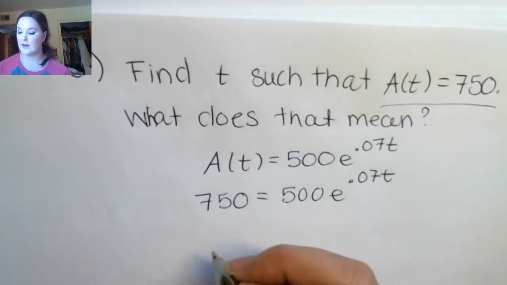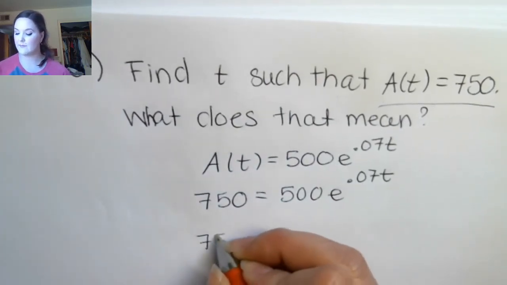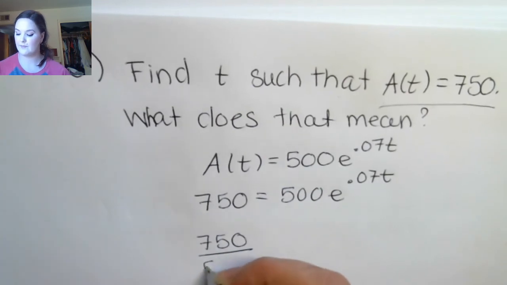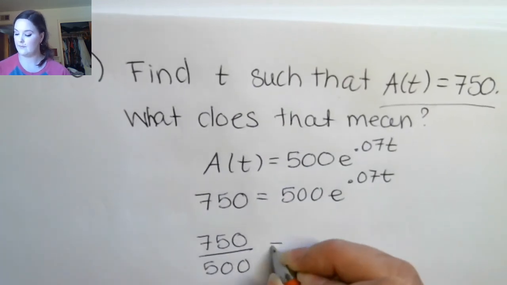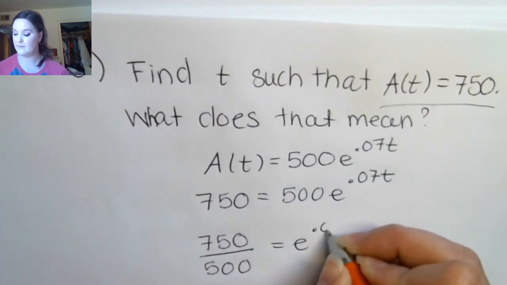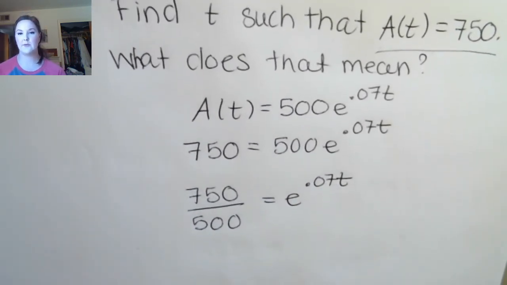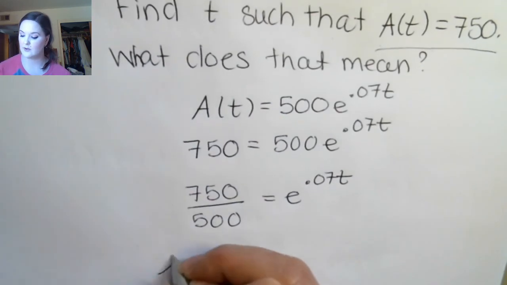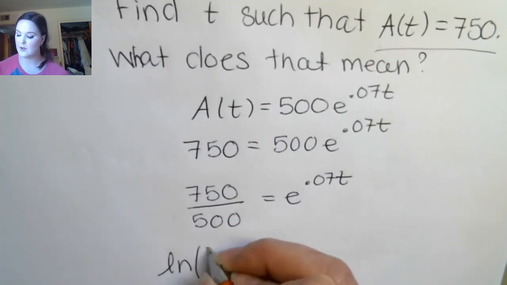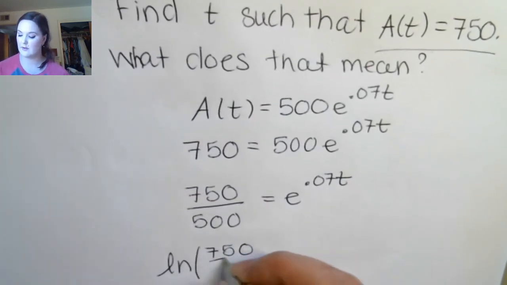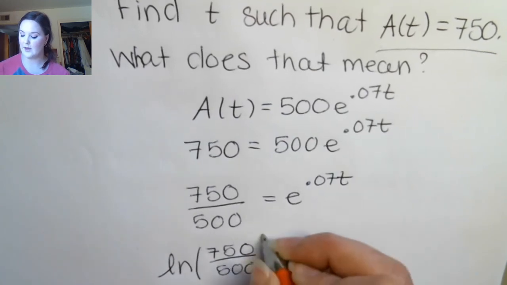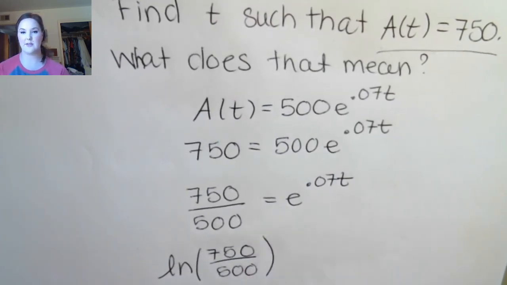So we're going to divide both sides by 500. Now that we have our exponential isolated, we're going to take the natural log of both sides. Again, we're using the natural log because we have the natural base here.